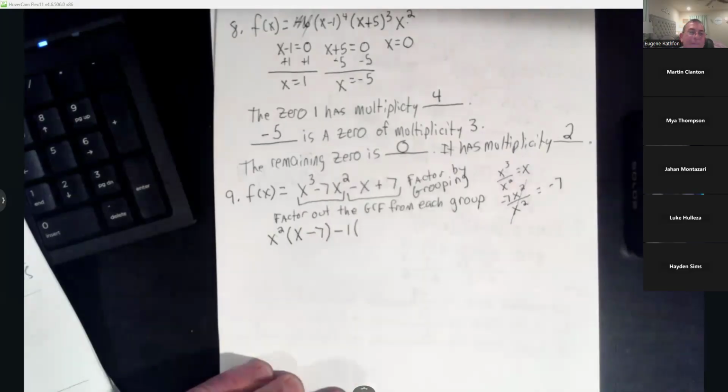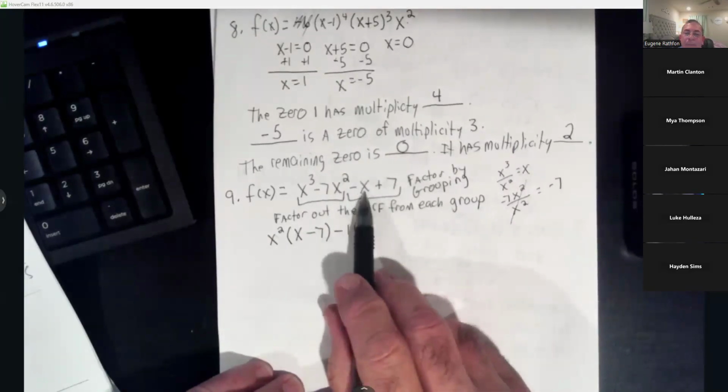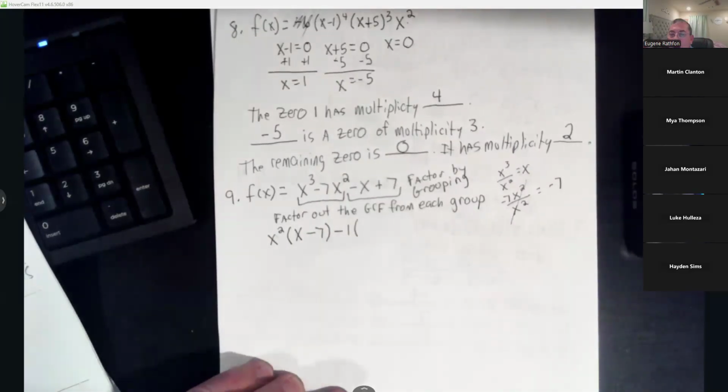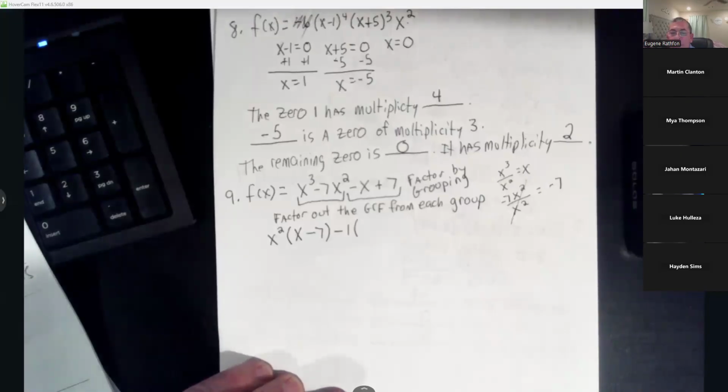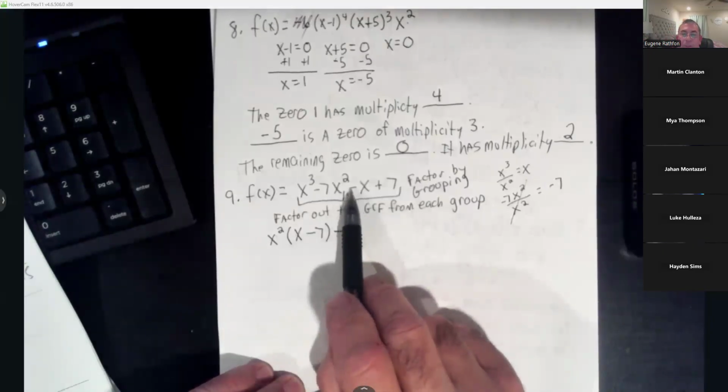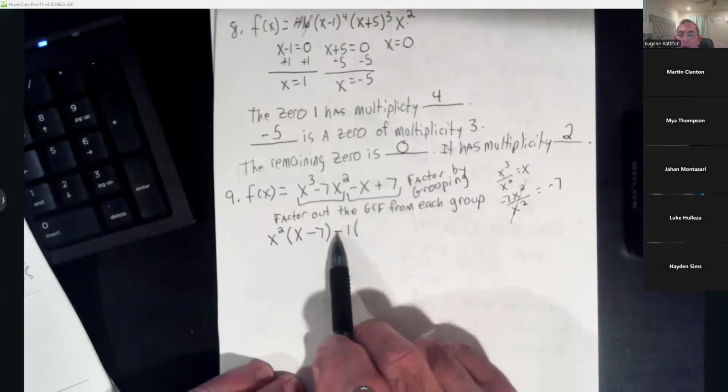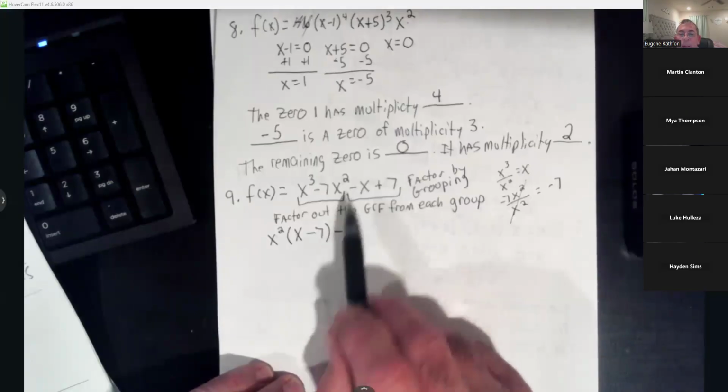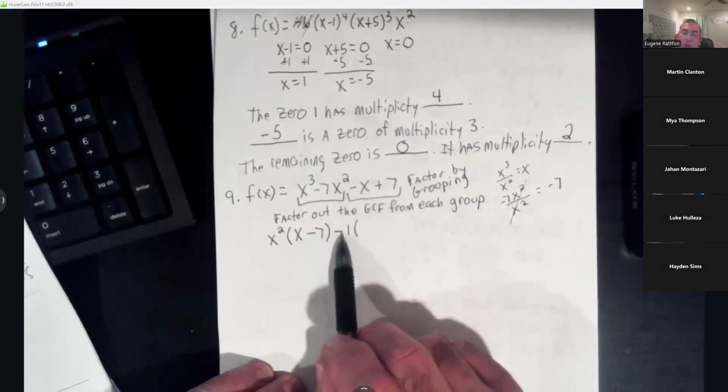If your variable and number have no other common factor, they at least have a 1, okay? So if this third term is negative, you're factoring out basically a negative 1. If this was positive, you'd be factoring out a positive 1.